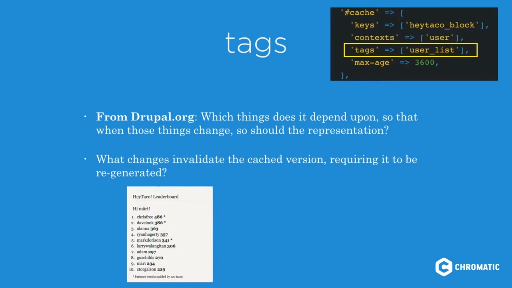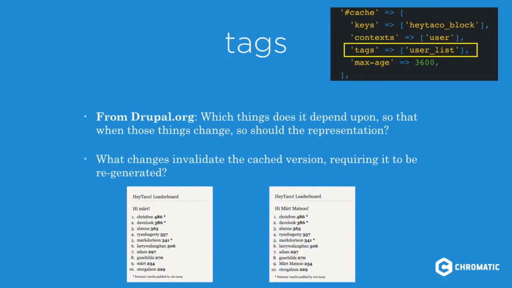So say I change my username from Märt to my full name, Mrt Matsoo or something, that should invalidate the cache. And using this, if you can read it from back there, it says user_list is the tag that I use. Now, finding out that that tag actually exists in Drupal and is like, Drupal knows what that means was tough, and I actually didn't find that anywhere.